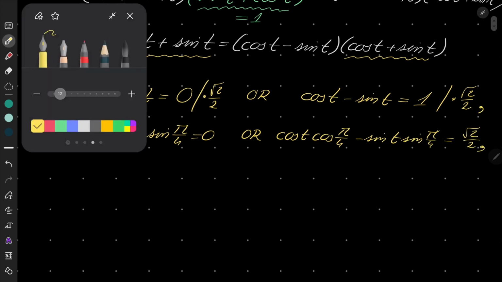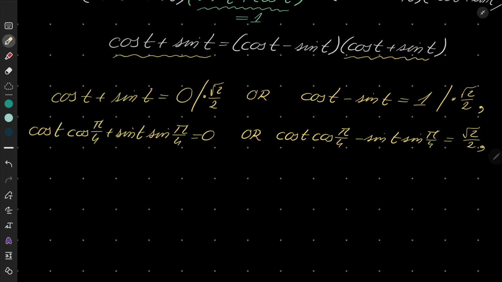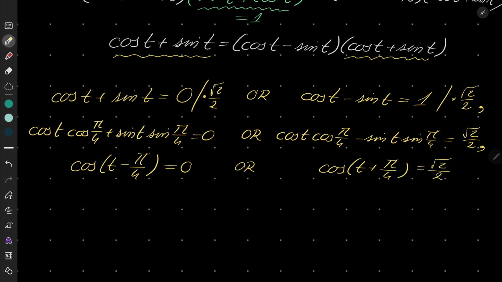Now, using the formula which I suggested at the beginning of my video, this expression can be written as cosine of (t − π/4) equals 0, while the other can be written as cosine of (t + π/4) equals √2/2.